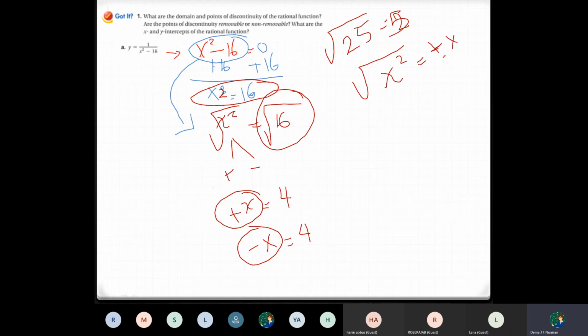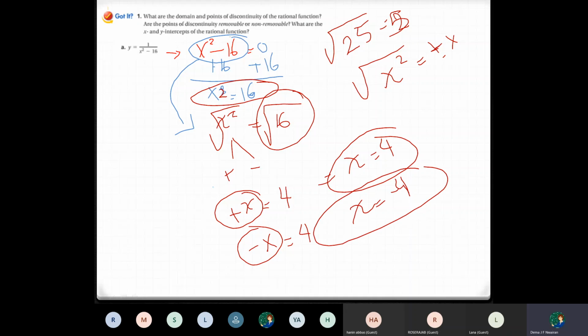But the square root of a constant number must be only a positive answer. Then positive x equals 4, so x is 4. And negative x equals 4, so x will be negative 4. Is it clear now?